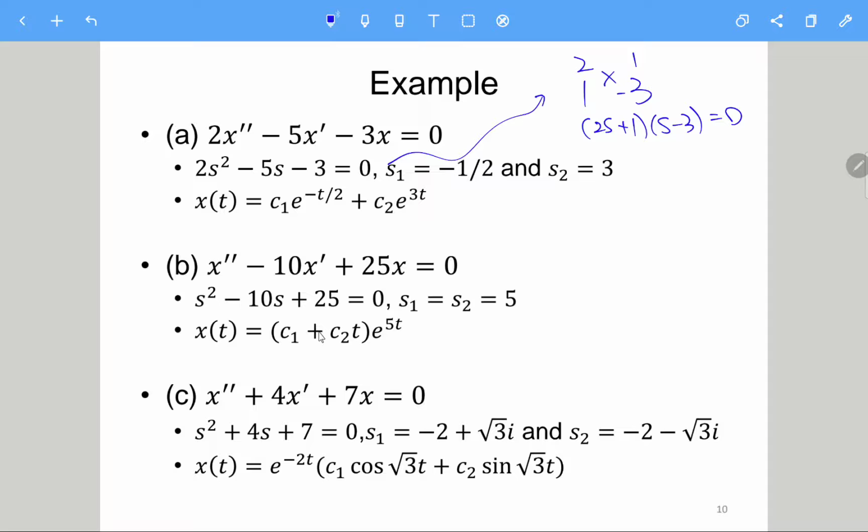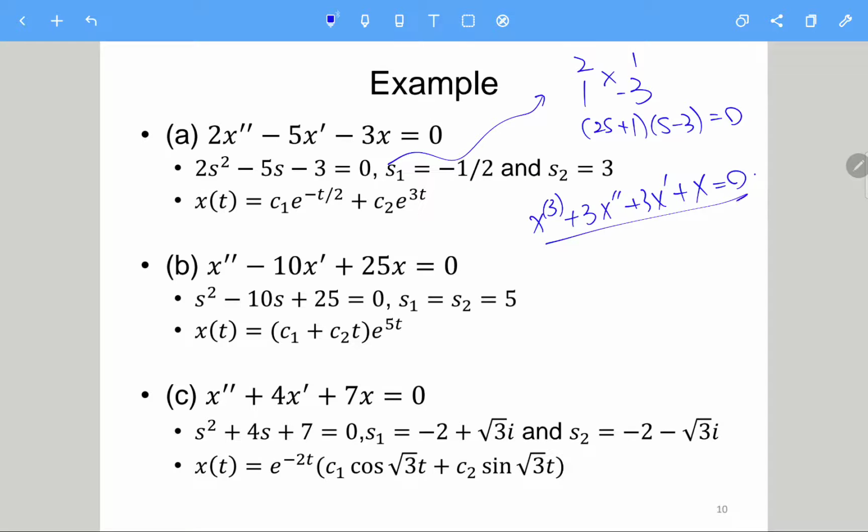And of course, if it is third order, for example, if we have something like x triple prime plus 3x double prime plus 3x prime plus x to be 0.